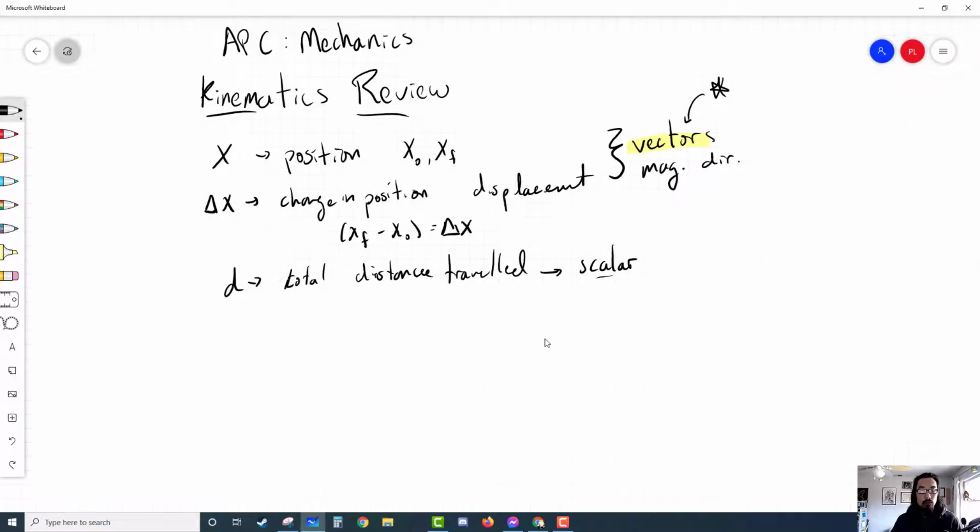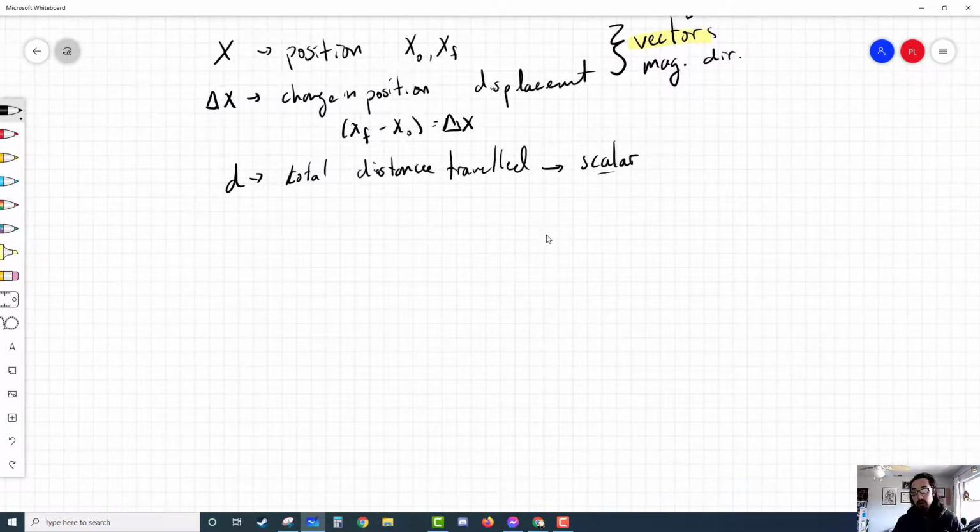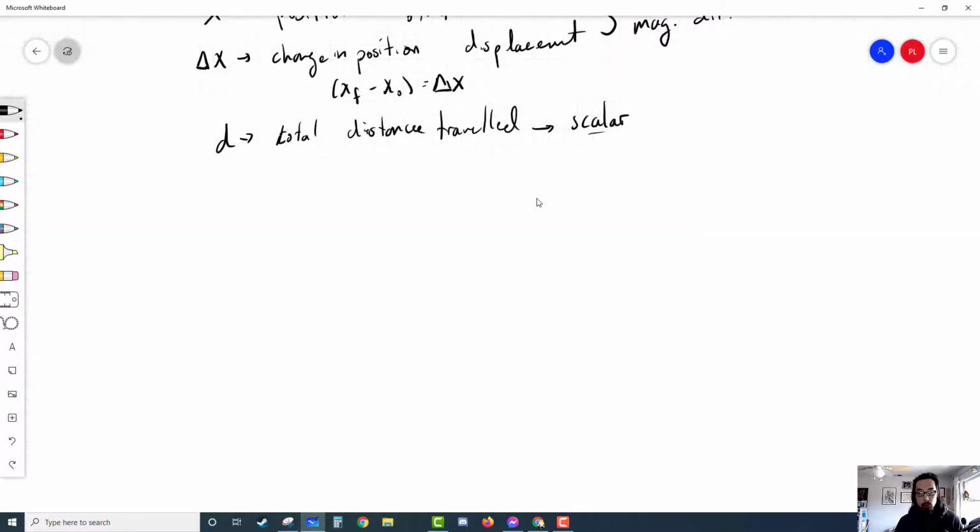From that video, we went over just a very basic idea of what the biggest difference is between the two. I remember my example here is if we have two positions, position A and position B. If you travel up, let's say 3 meters, and then you travel to the right, let's say 4 meters, your total distance would be 3 plus 4.